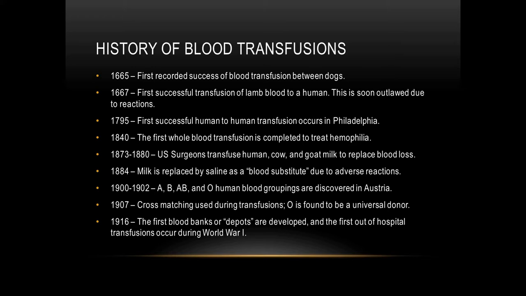I would really be interested to see what that actually did for the patient and how the patients responded to that. I haven't done in-depth research into that, but I thought that was fascinating. I had never heard of that. But it didn't last too long. So we see here in 1884 that milk was finally replaced by saline as a blood substitute due to adverse reactions. Again, kind of curious what those adverse reactions might be, but very, very interesting.